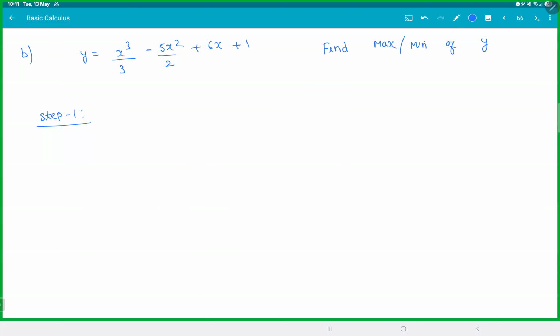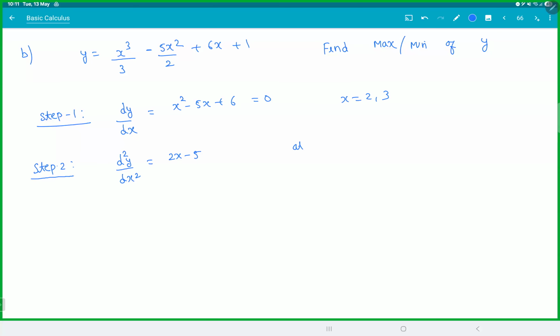So anyways, step one, if you differentiate this, dy by dx, we get x squared minus 5x plus 6 equal to 0. Then we get roots x is equal to 2 and 3. We don't know which is maxima and which is minima, so we do step 2, double differential. This is 2x minus 5.